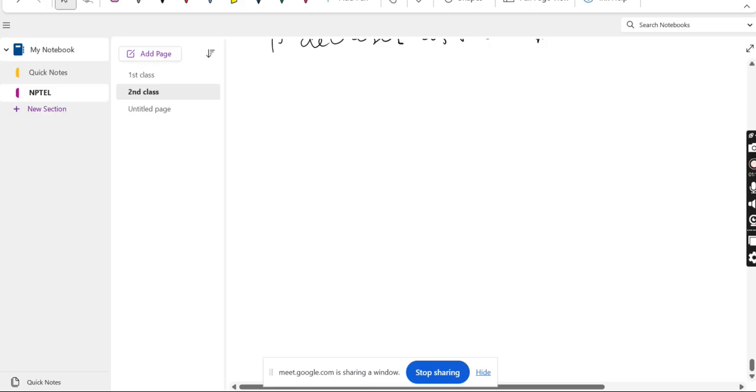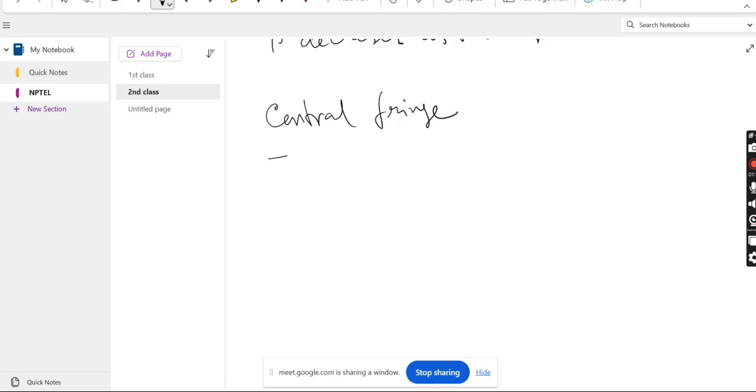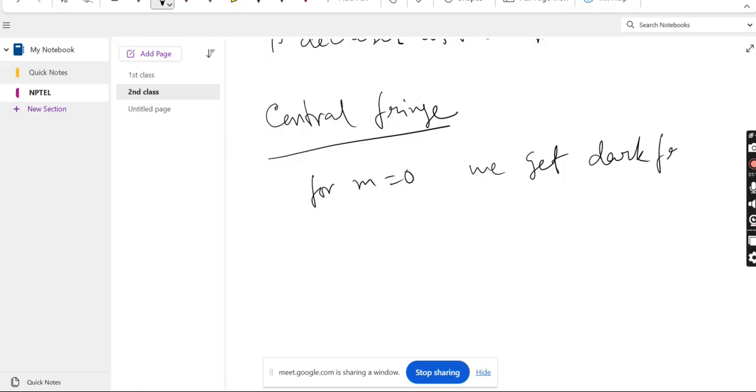For the reflected light central fringe, when m is equal to 0, that is basically dark. For m equal to 0, we get a dark fringe in reflected wave.